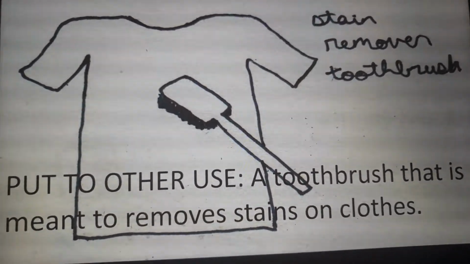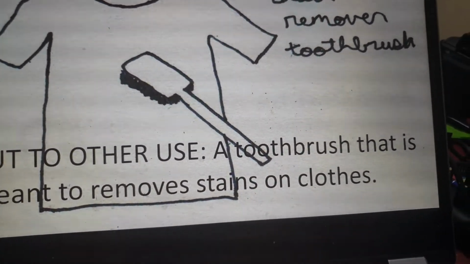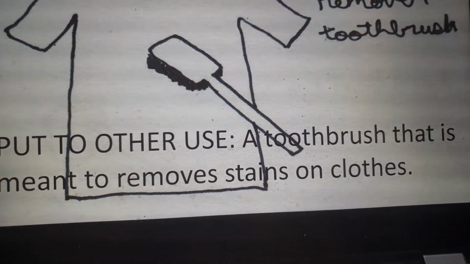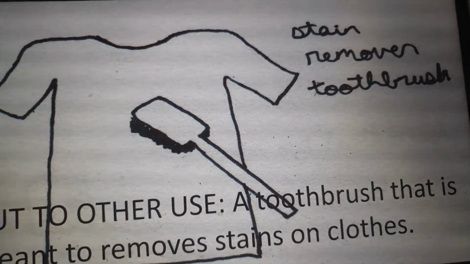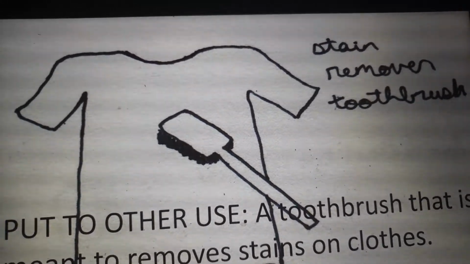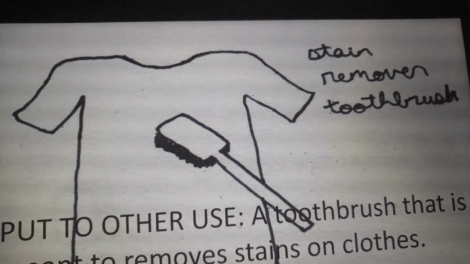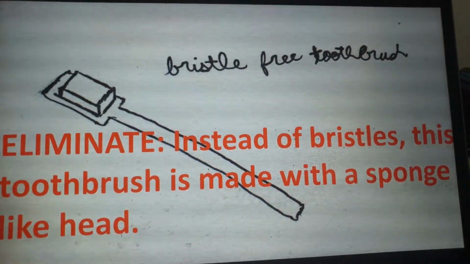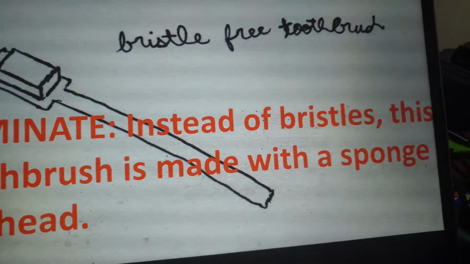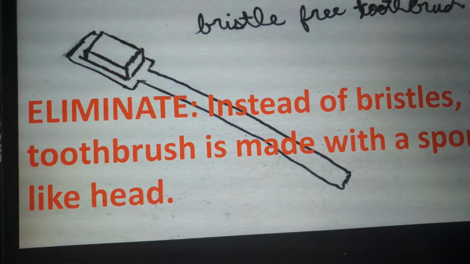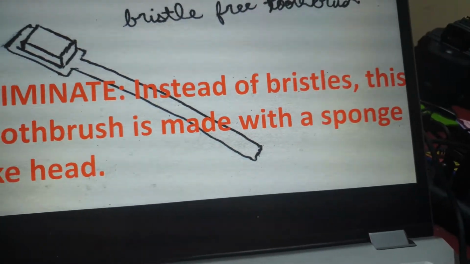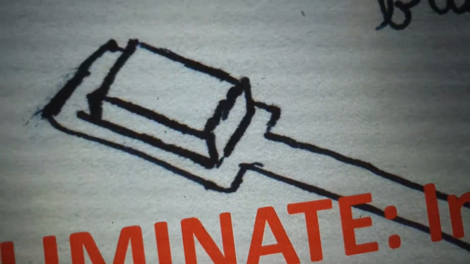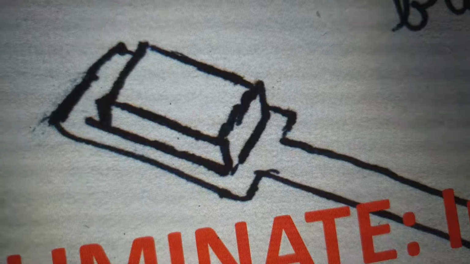Look, put to other use: a toothbrush that is meant to remove stains on clothes. You can use the toothbrush even to clean your keyboard. Eliminate: instead of those bristles, this toothbrush is made with a sponge. We have eliminated the bristles and the toothbrush becomes just a sponge.